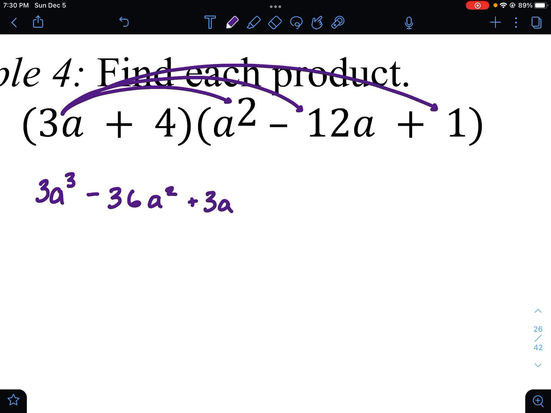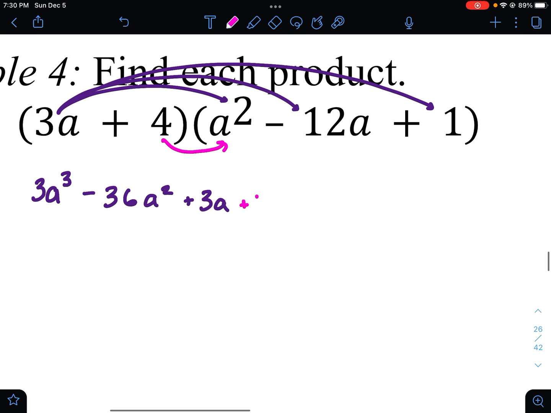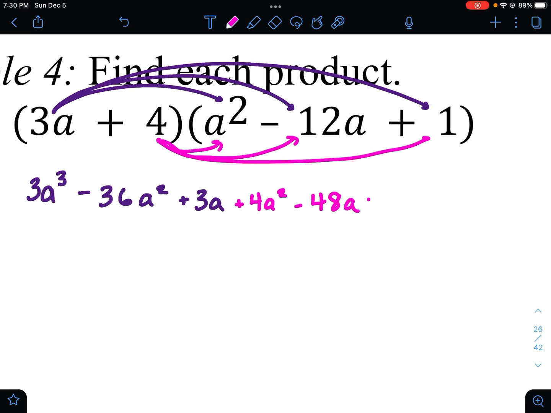Plus 3a. And then I take 4 times each of those terms. So plus 4a squared minus 48a plus 4. All right, now we just need to look and combine like terms.